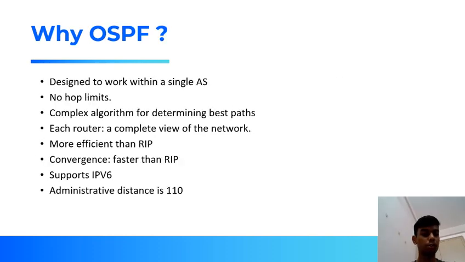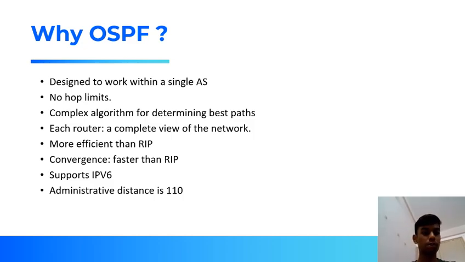There are many routing protocols like RIP and BGP, but there are certain features that set OSPF apart from these routing protocols. These features include no hop limit. If you take RIP, it has a hop limit of 15.